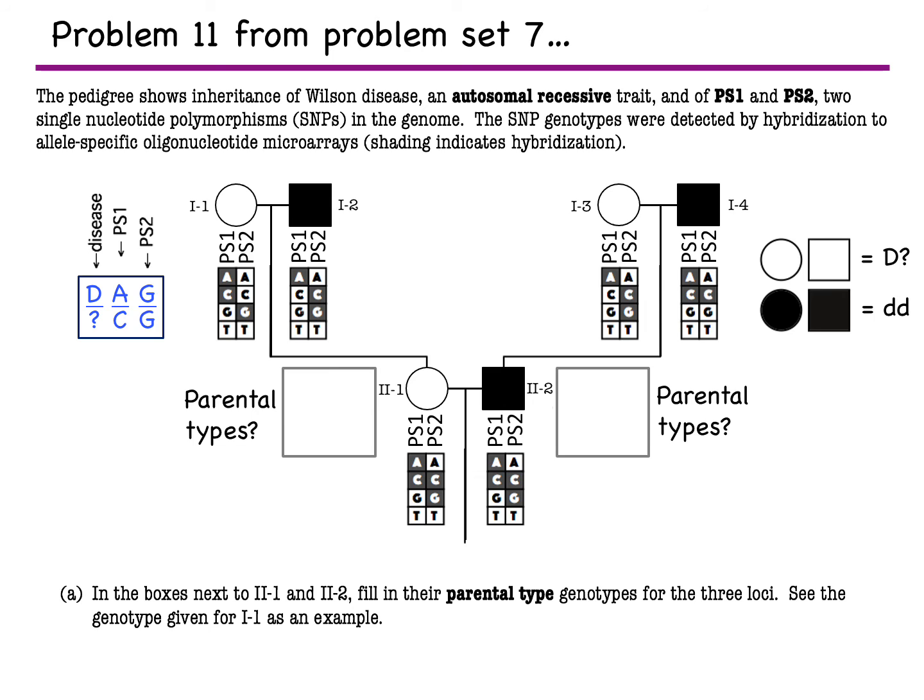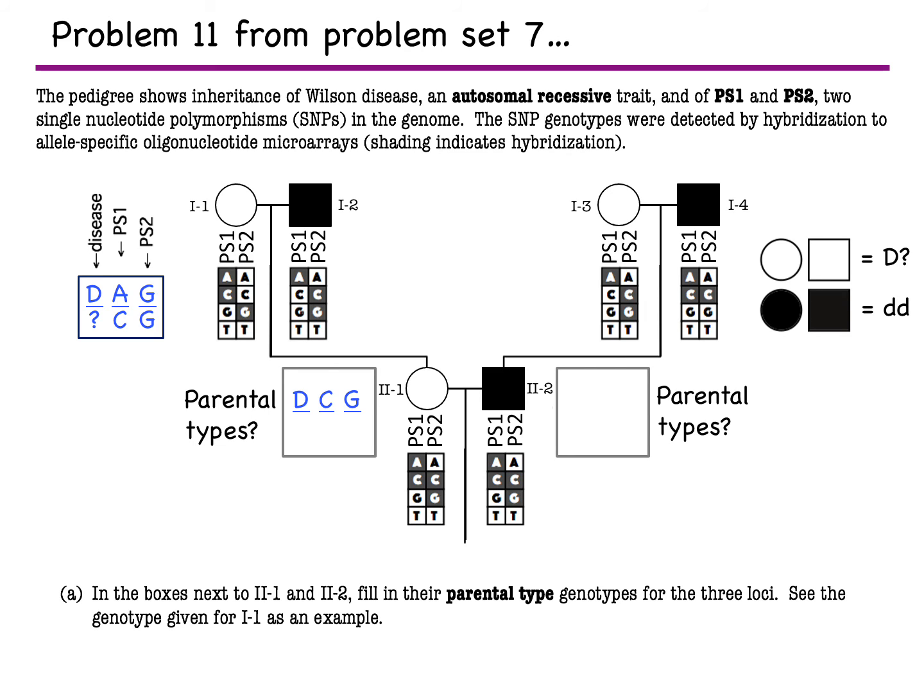And at polymorphic site 2, this individual is a CG heterozygote, but individual 1-1 only has a G to transmit, so that person must have inherited the G allele at polymorphic site 2 from individual 1-1. So one of the parental types is big D, C, G. Again, I'm not connecting these by line because I don't yet know if they're linked, but that would be one of the parental types, the one inherited from individual 1-1.